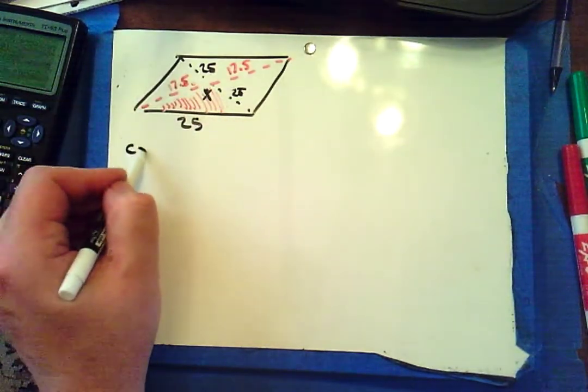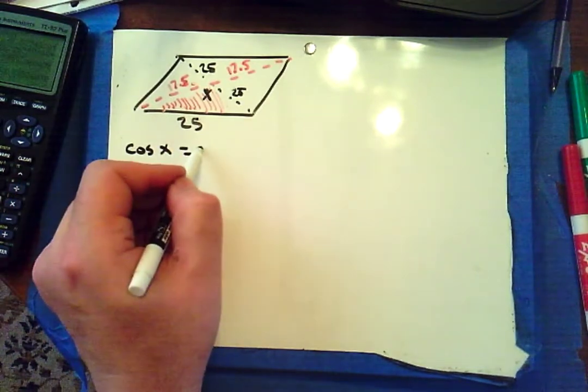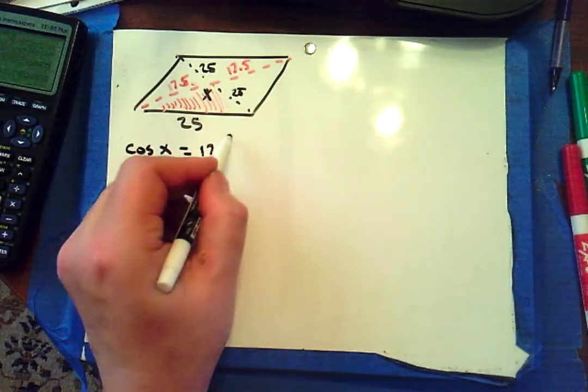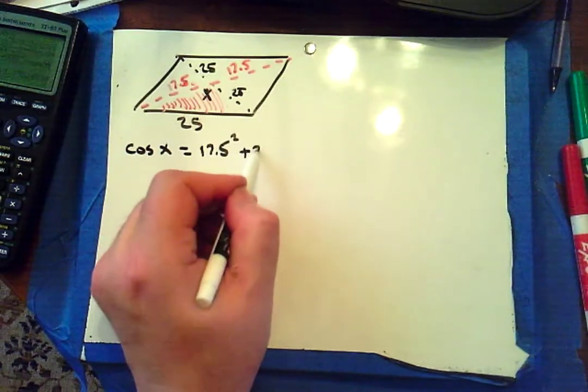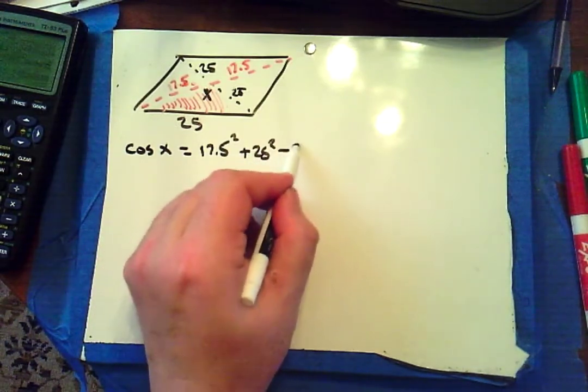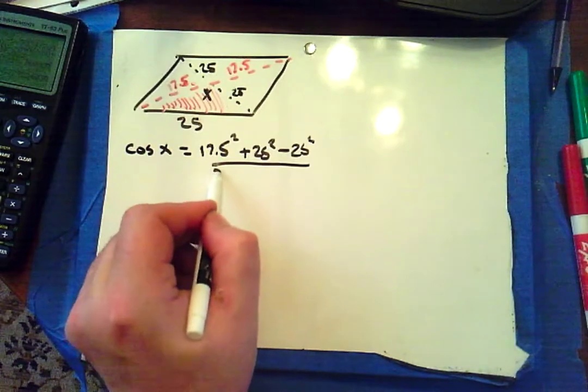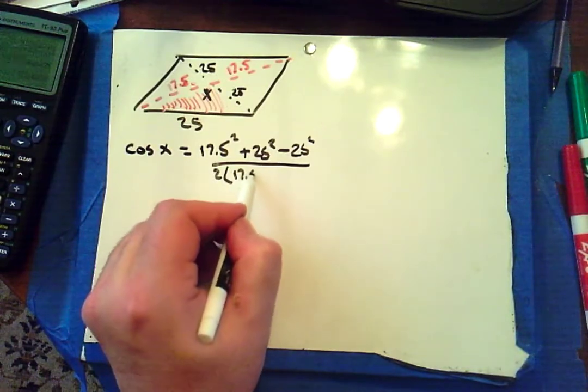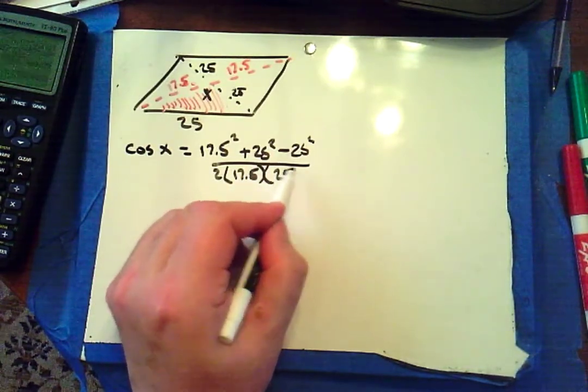So we know that the cosine of x will be 17.5 squared plus 25 squared minus 25 squared over 2 times 17.5 times 25.